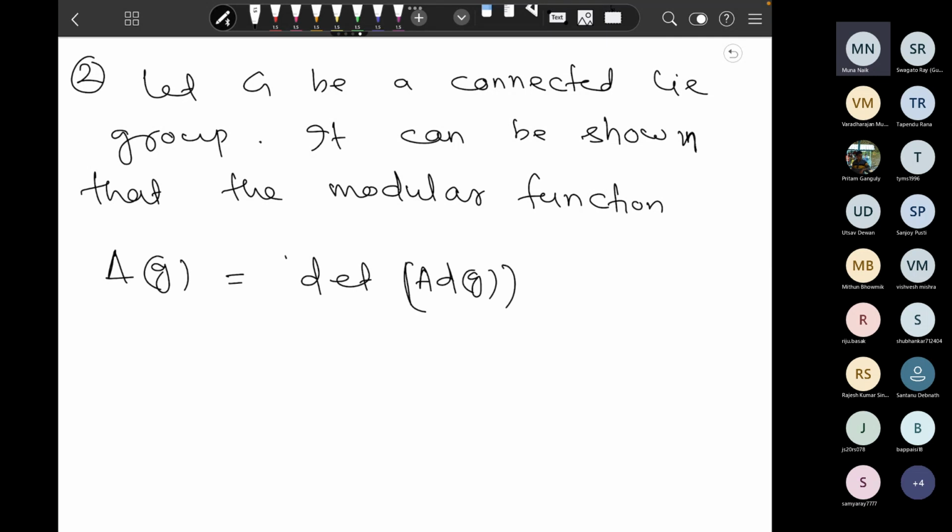Now, if RG is compact, then this determinant of RG has to be necessarily 1. So from here also you are getting that if RG is compact, then the group is unimodular.